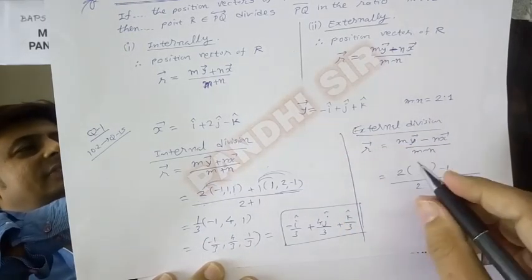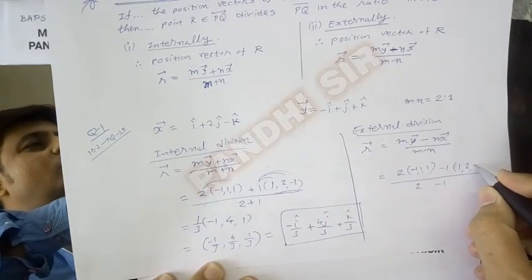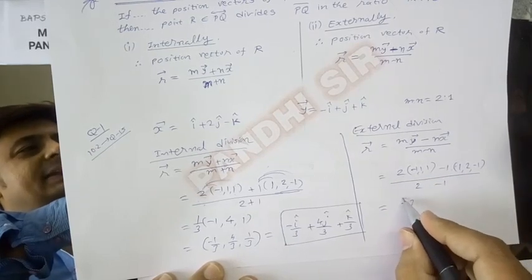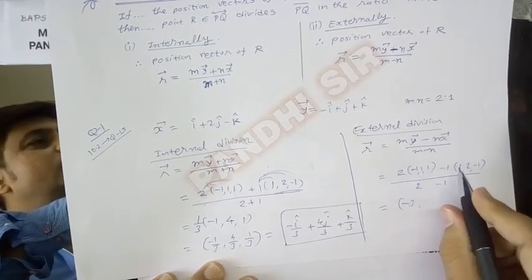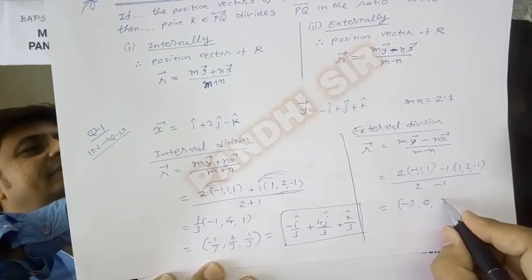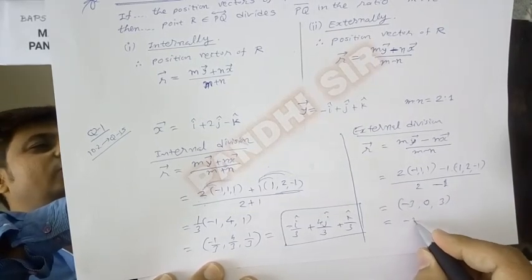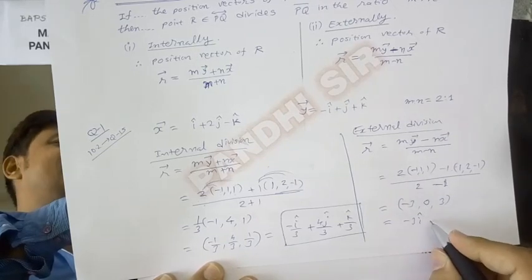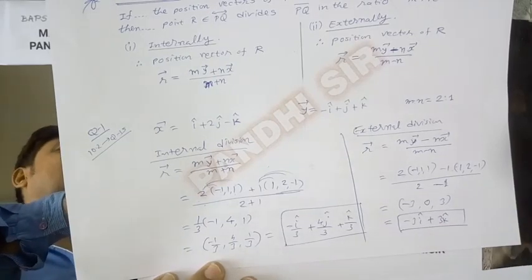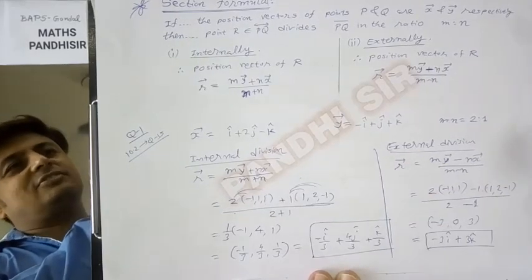Here terminating point, that is -1, 1, 1, and here starting point 1, 2, -1. So it is -2, -1, -3, 2 minus 2, it is 0, 2 plus 1, 3, and in denominator you may see 2 minus 1 is 1, so no need to do anything. So it is -3i, no need to write j here, plus 3k caret. So position vector of dividing point R dash, external division.